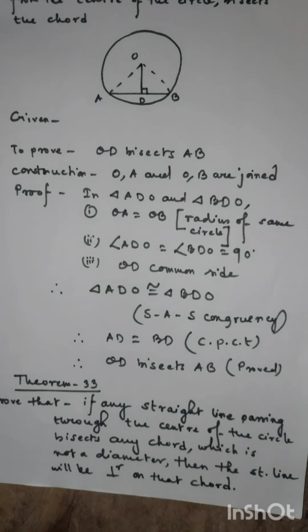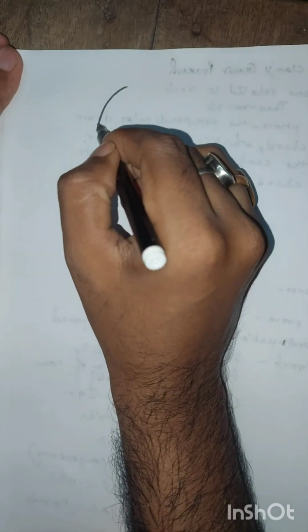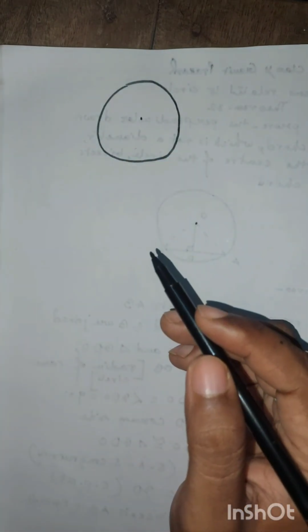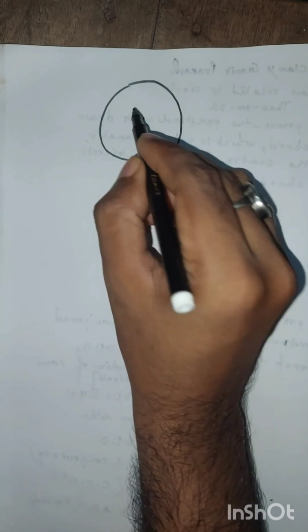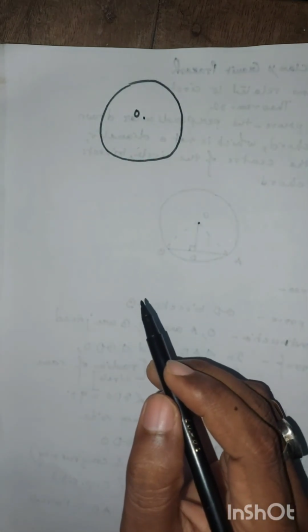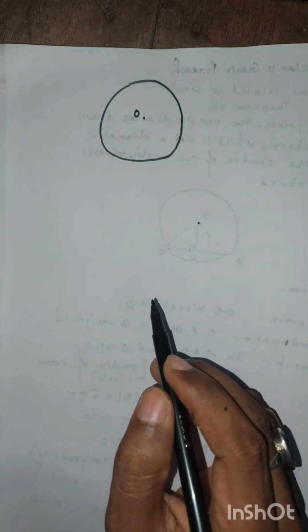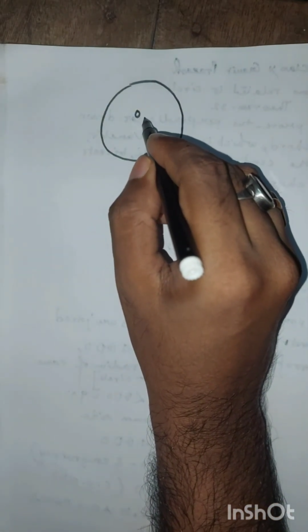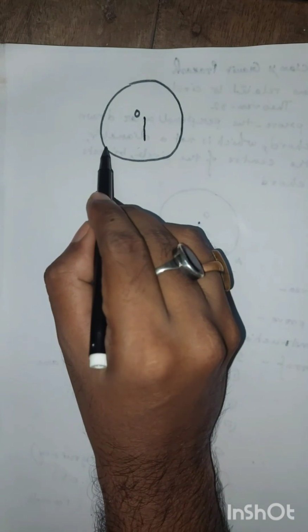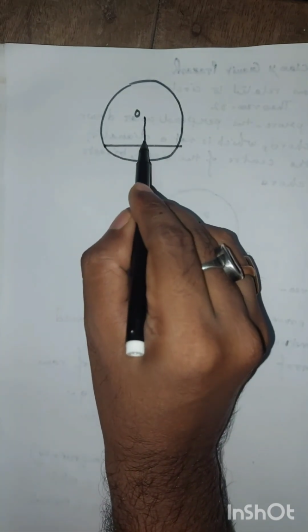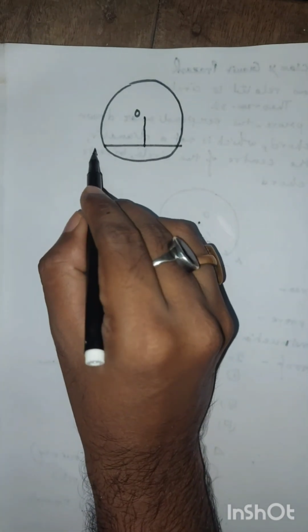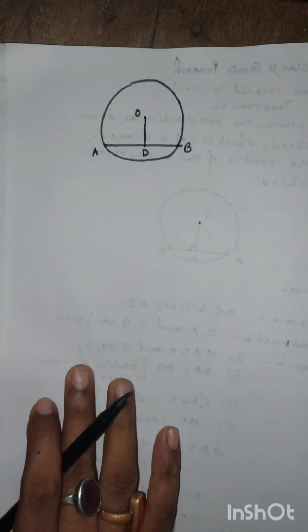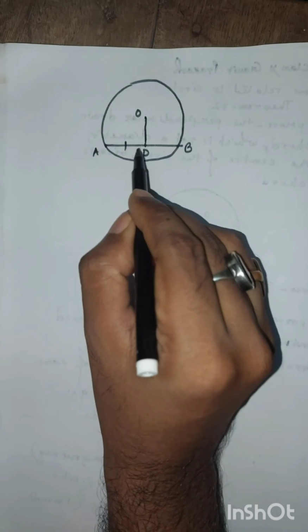Now let us draw the diagram. This is a circle with center O, a straight line which bisects a chord AB at D. So this part is equal to this part.